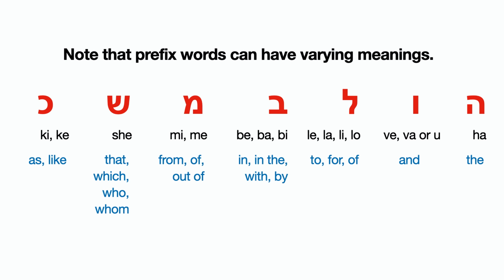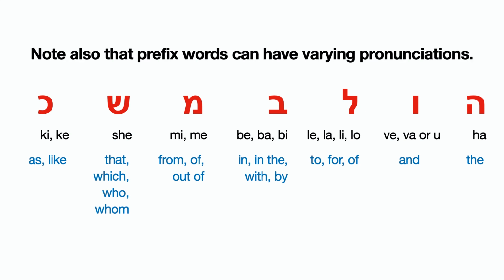Now, aside from having various meanings, these prefix words can also have various pronunciations. Well, most of them at least. Now let's take a look at these pronunciation examples. For ha, it's quite simple. Generally we say ha for the word the. It could be pronounced as he on some rare occasions, but generally it's ha.